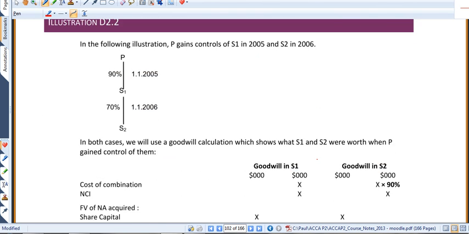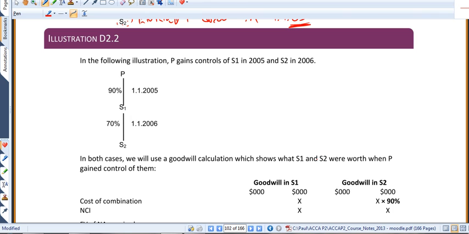Or what if I switch the dates around? Notice here that P initially buys S1 in 2006. So S1 enters the P group on the 1st of January 06. But then, subsequently, S1 buys S2.